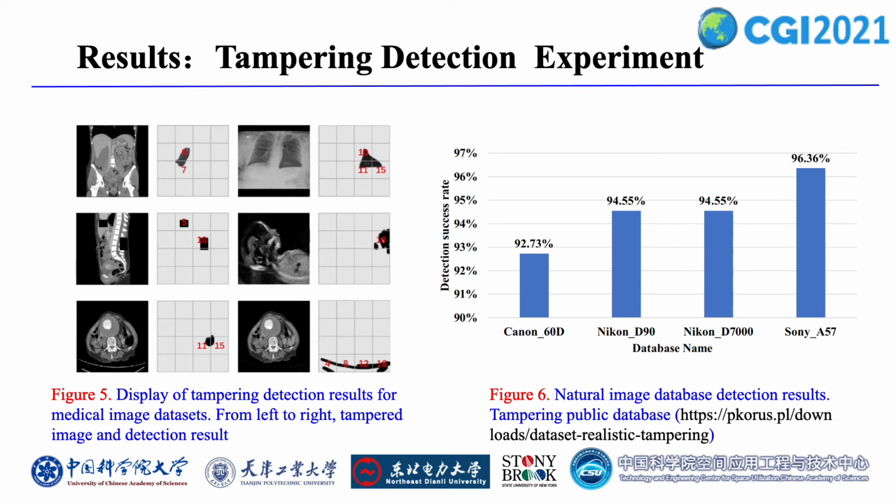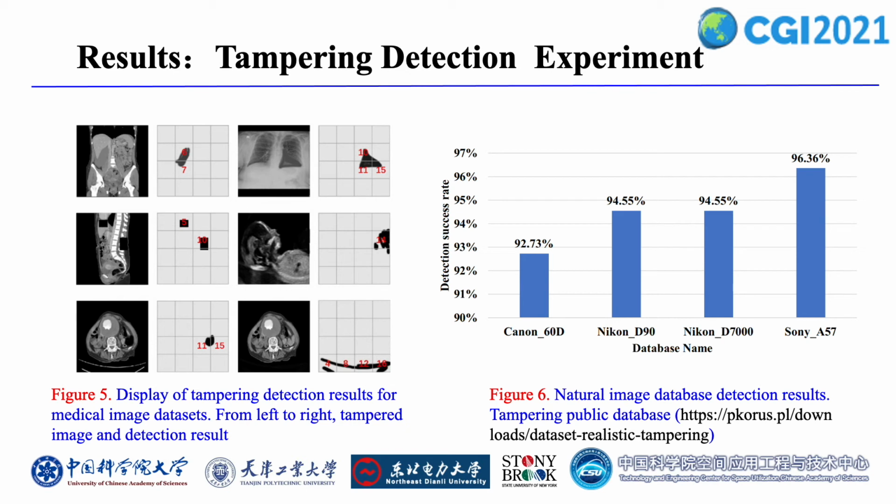Despite the complexity of the tampering, some of which contain multiple blocks, the algorithm can still successfully detect it with a success rate of 95.84%. The result in Figure 5 shows that the algorithm in this paper can detect and locate tampering for a single small block and multiple blocks.